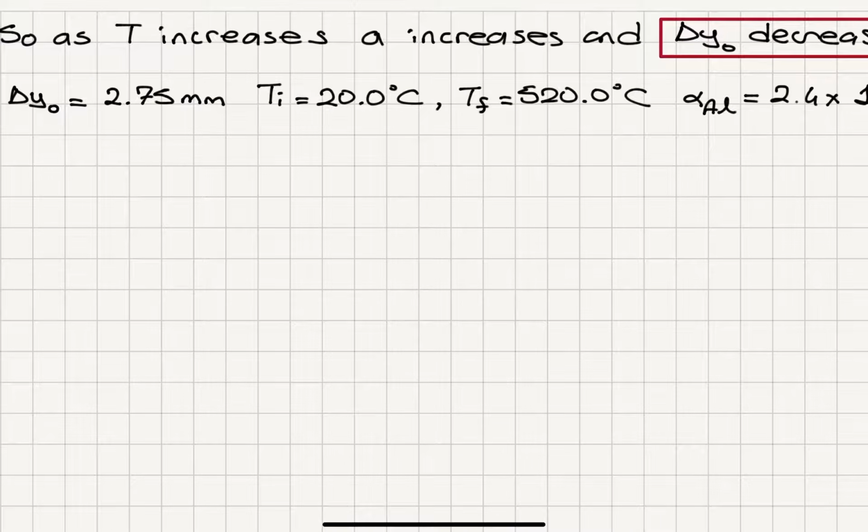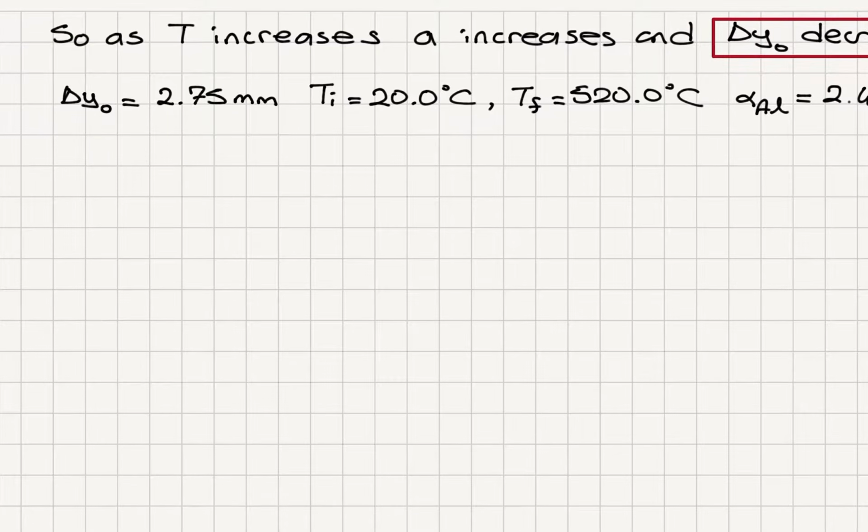So we have the original central width, 2 lambda L over A, is equal to 2.75 millimeters.